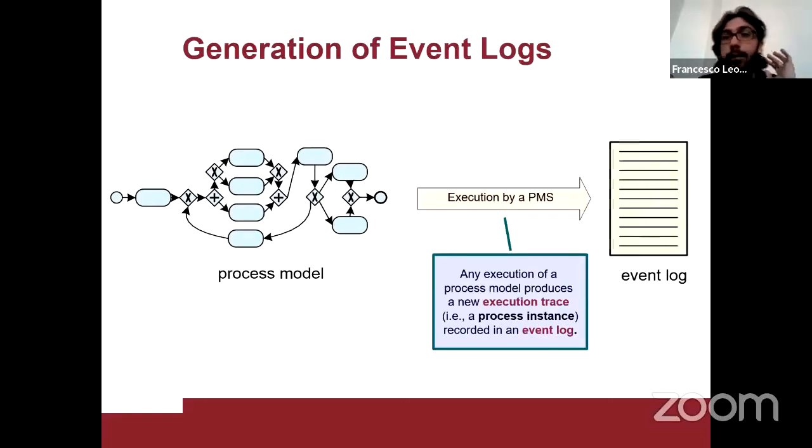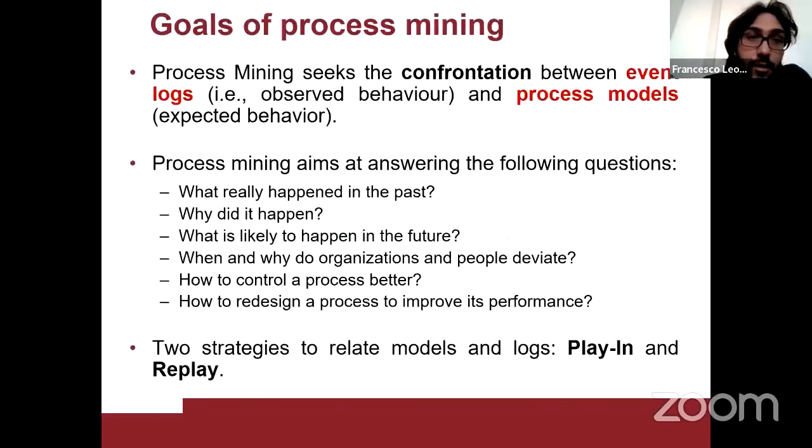So what we start from in process mining is to basically have an event log. An event log is something that is fundamental in process mining. And we may have a process model. Why may we have a process model? Because in some cases we do not really have the process model, and the process model must be extracted from the event log. So what we have in process mining is always the event log.